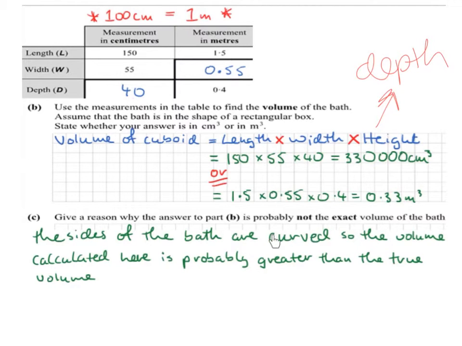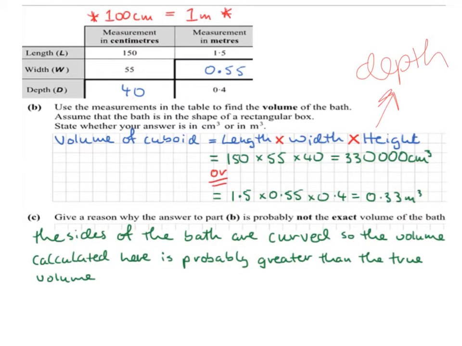It is curved. Baths are always curved. But we were told to assume that the bath is a rectangular box, so the answer we got for the volume is not going to be 100% accurate. The sides of a real bath are curved, and the one in our photograph, so the volume calculated here is probably greater than the true volume.